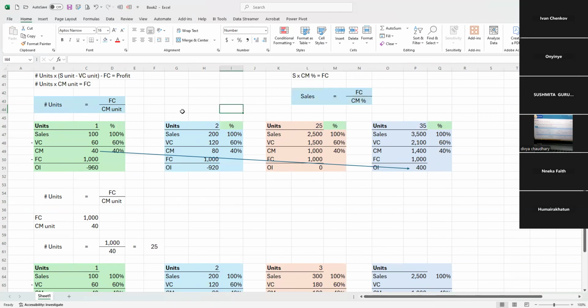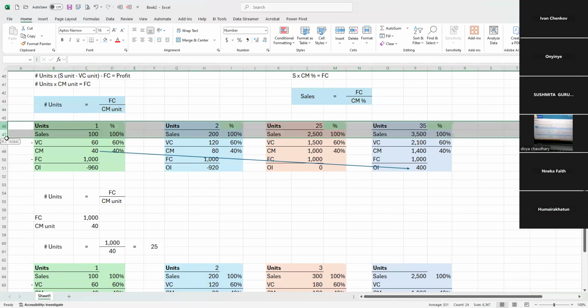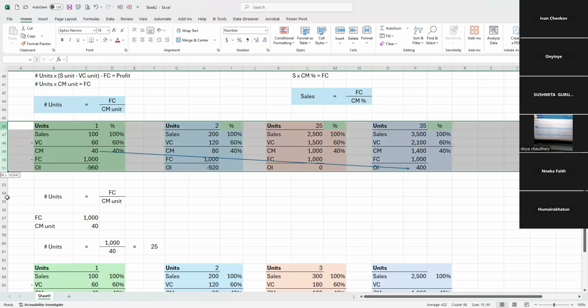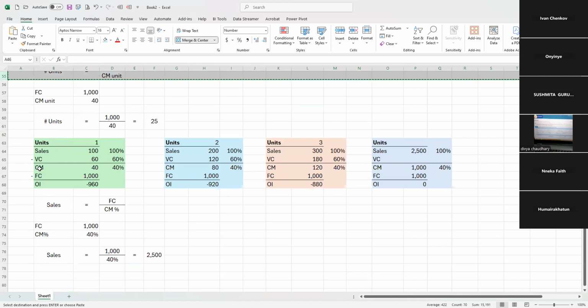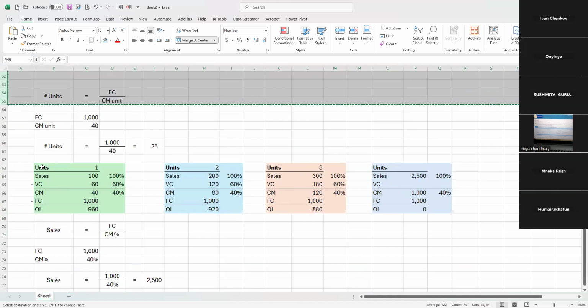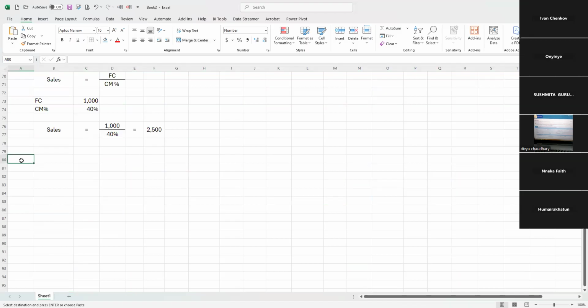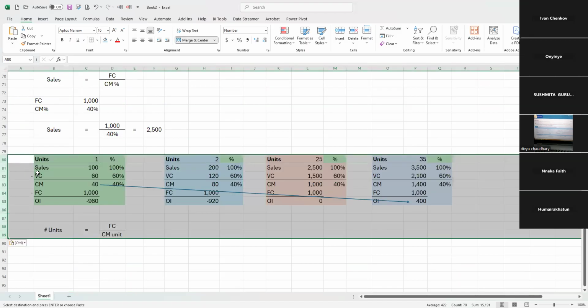So let's highlight it. Now we have two powerful formulas. The next question that we have to ask is, do you want to stay at break even and work at break even?